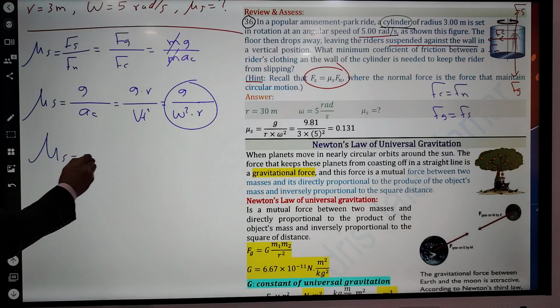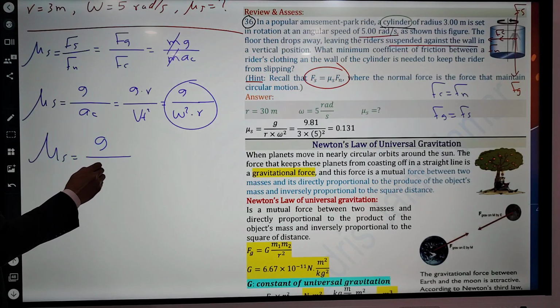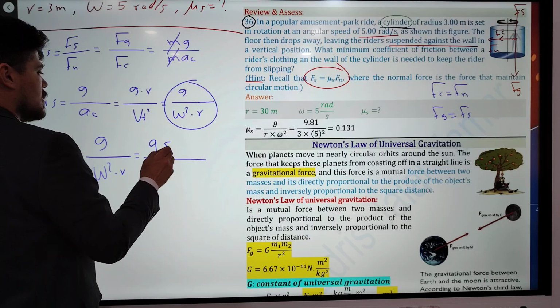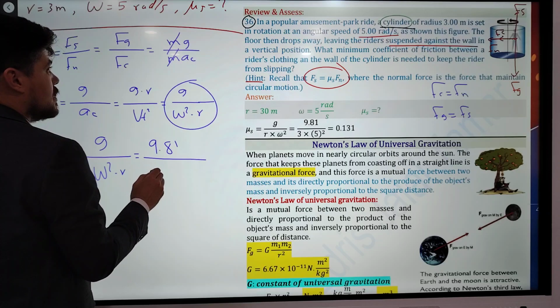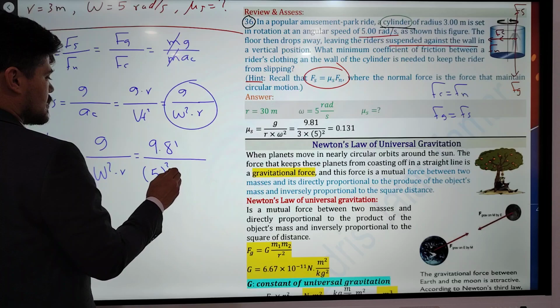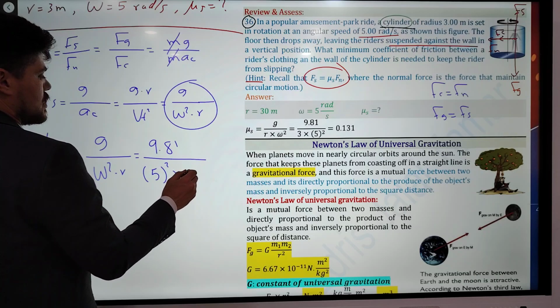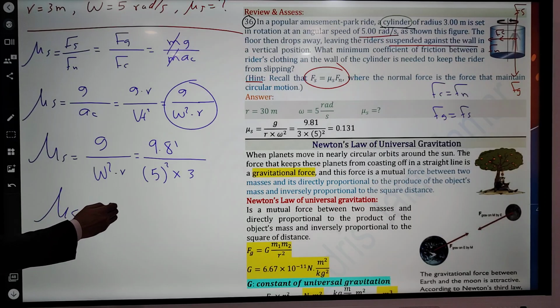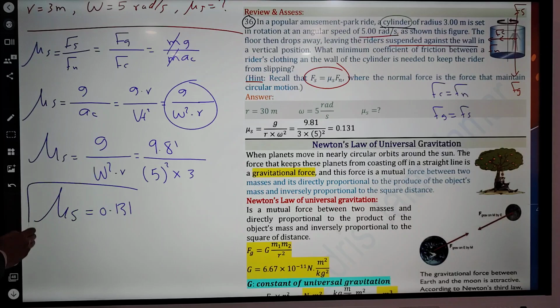Mu s is equal to g over omega squared R. g is constant. Omega was given, 5 squared. The distance from the axis of rotation was also given, equal to 3, and mu s is equal to 0.131, unitless. Why unitless? Because it is the ratio of two forces.